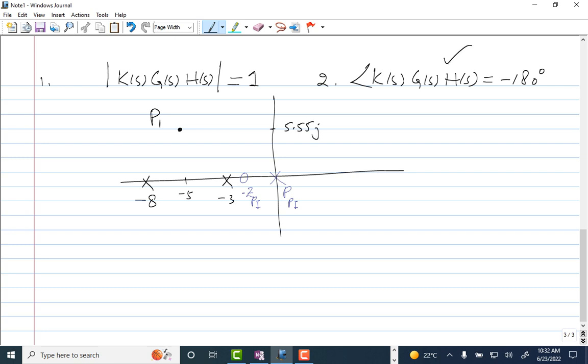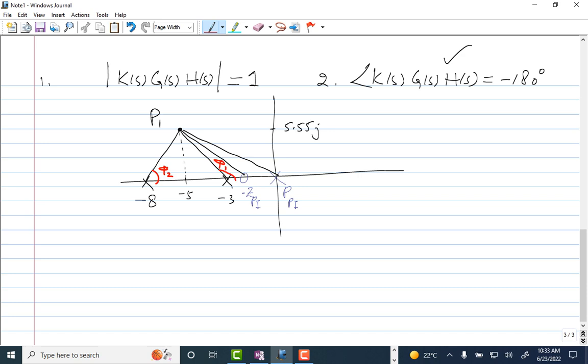Now we pick this angle, and to find the angle, I just draw a straight line here, it makes a 90 degree. So I draw a line to this pole, another line to this zero, another line to the system pole, then another line to the second pole. Now I make a different color here. This is my phi 2, this angle. I make this angle phi 1.